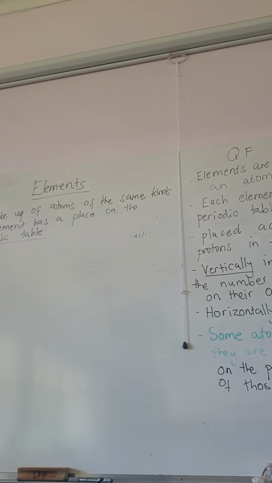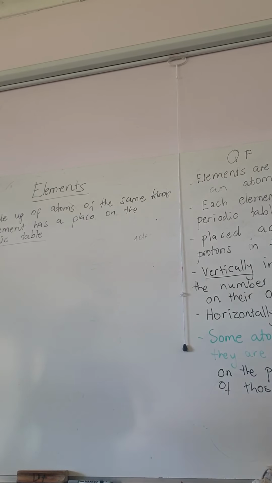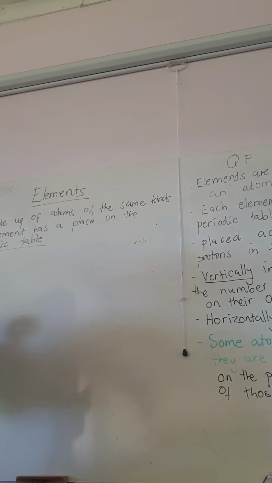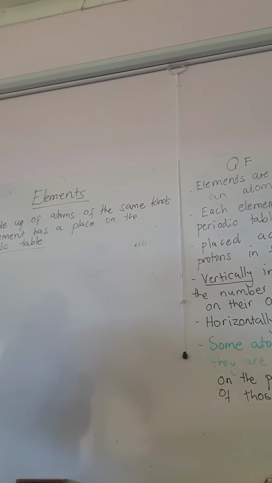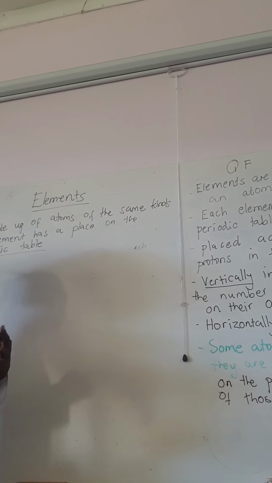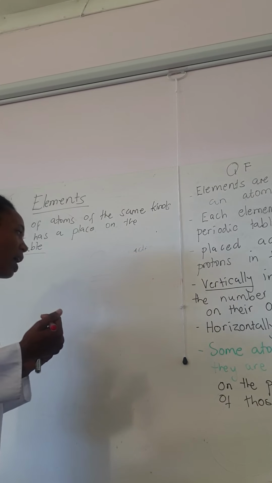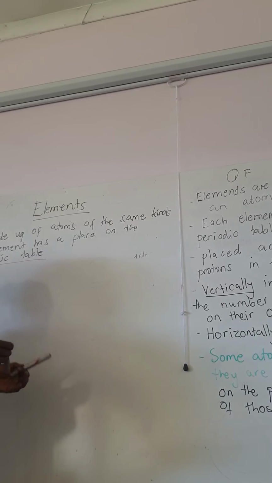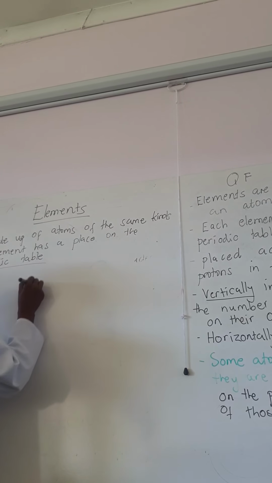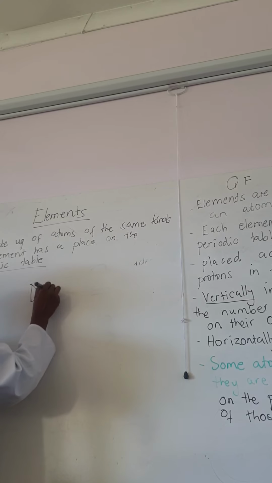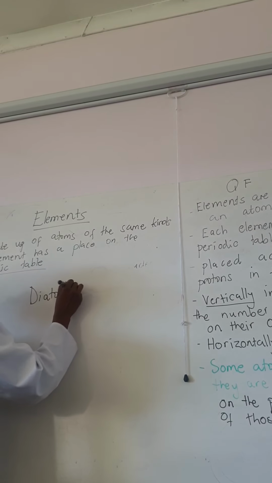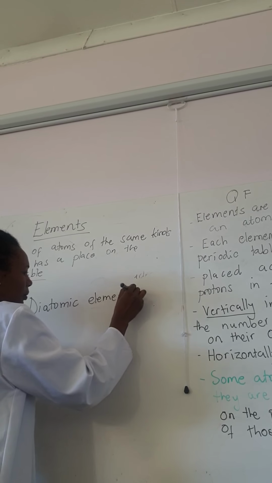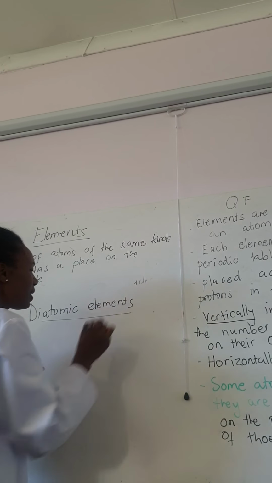Now you need to understand that in that periodic table that I have shown you, some of the elements do not exist on their own. They are known as the diatomic elements.